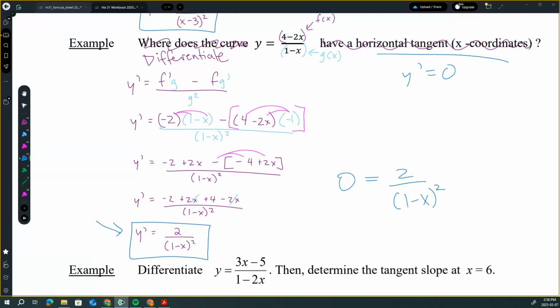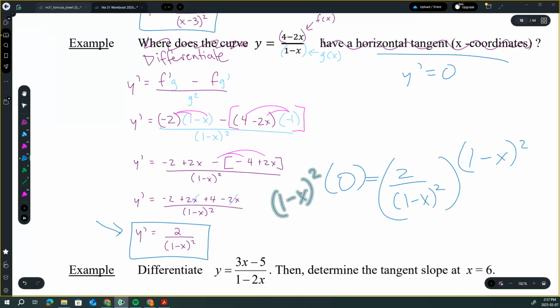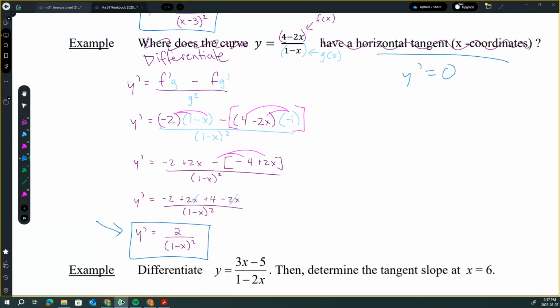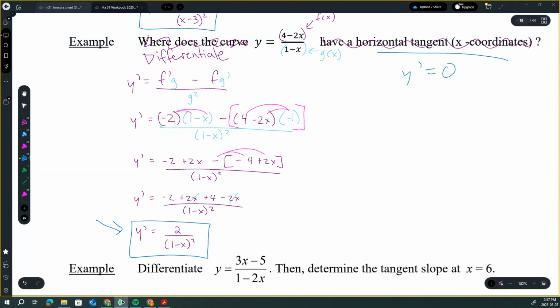Because if we tried to isolate for x and multiplied both sides by 1 minus x squared, 0 times anything is going to be 0. So that's actually going to give us an asymptote there. Okay, so that is why I changed this question, just in case you were wondering.